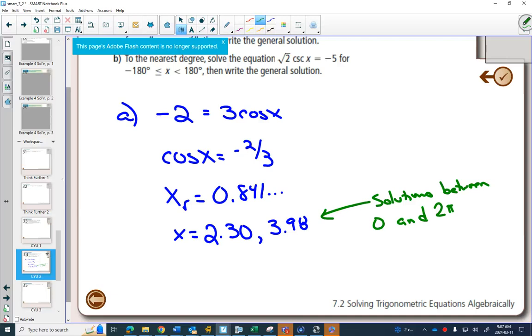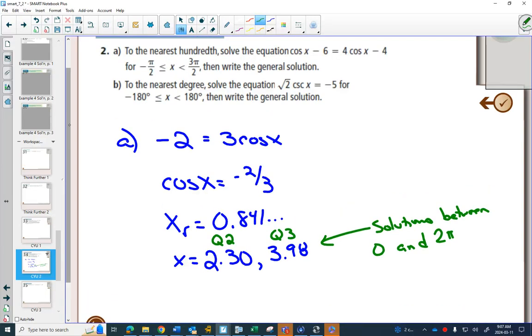But we're going to first get into a habit of finding our solutions if we went around the unit circle once in the positive direction. And maybe we also want to make a note here, this one was quadrant 2, this one was quadrant 3, because sometimes in radians it's a little bit harder to see where the numbers are. But now I'm going to go back to my question and check where they were looking.